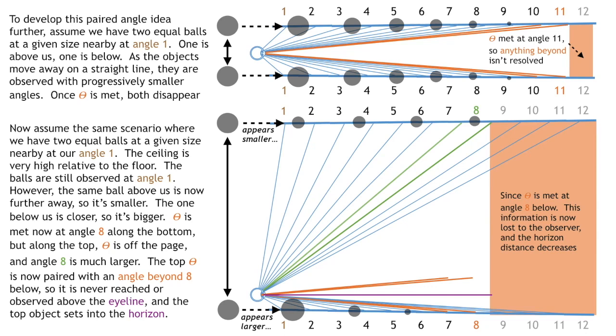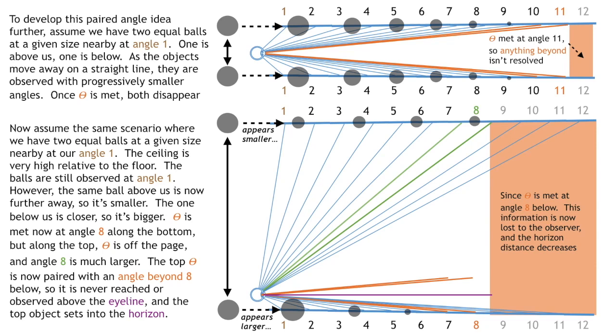So the top theta is now paired with an angle beyond angle 8 below it, and angle 8 is what set our lower horizon distance already, so it's never reached along the top. And essentially what you'll observe is that the top object, the ball in this case, will now set into the lower horizon line.